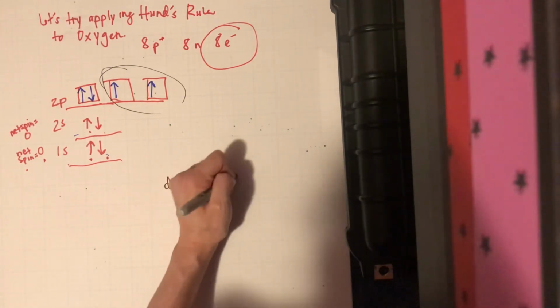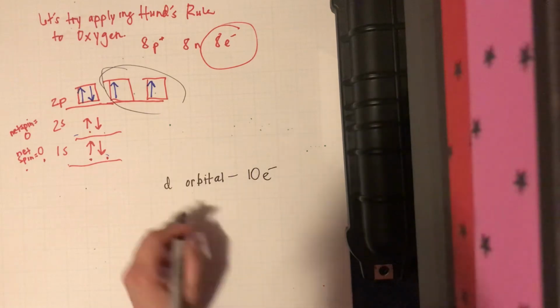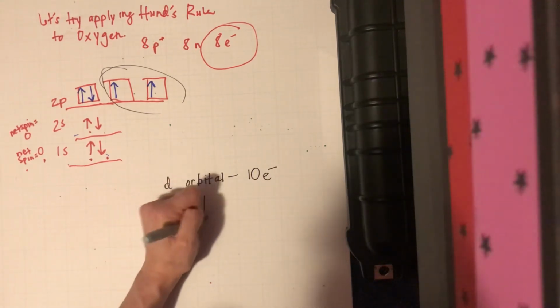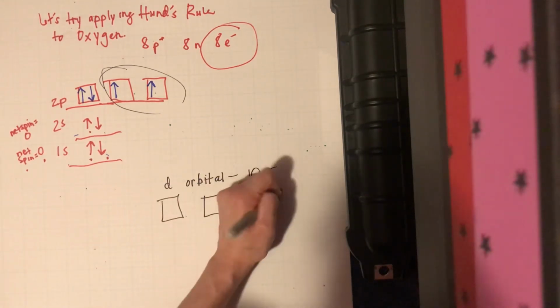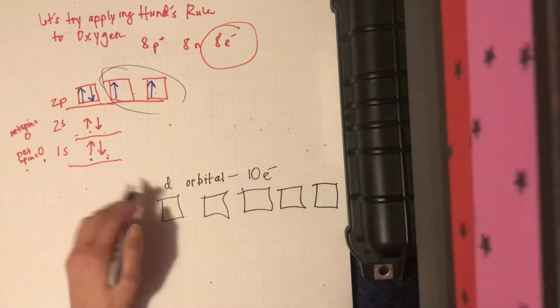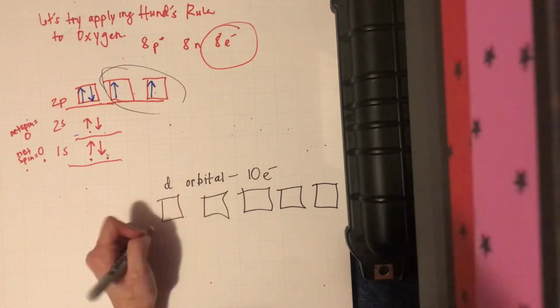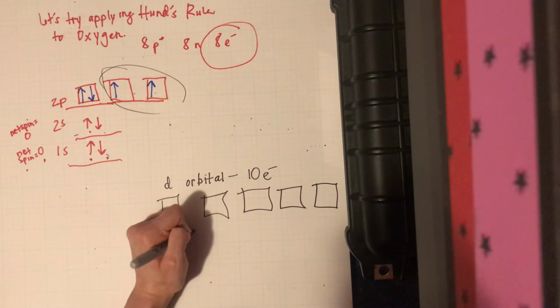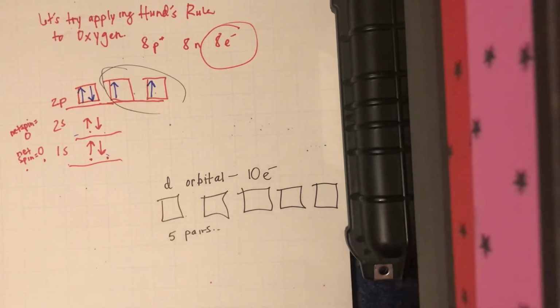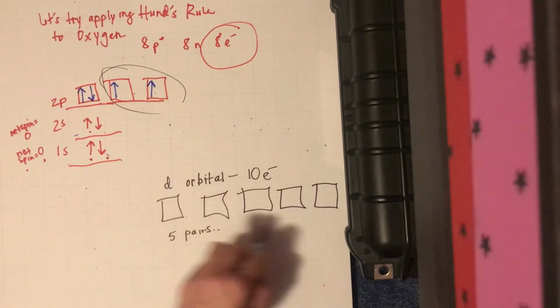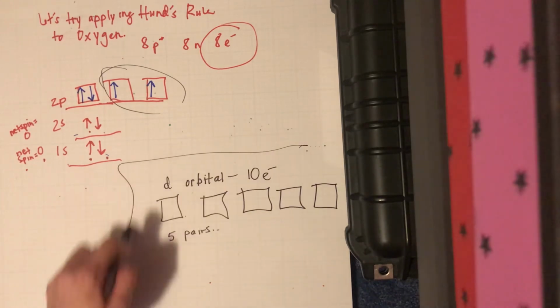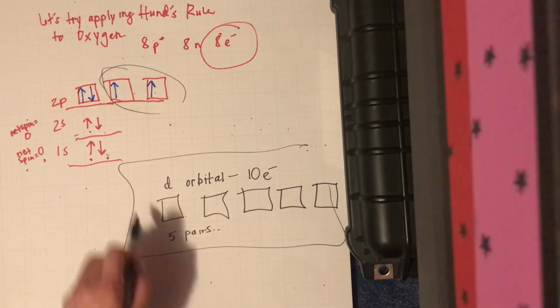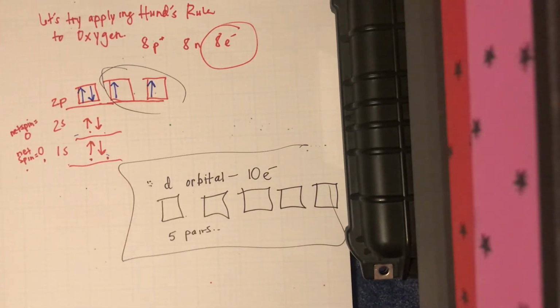Then really it can have 5 pairs. So these actually have the capacity to have 5 unpaired electrons. So you'll see a lot more magnetic properties when you start getting into your d orbital.